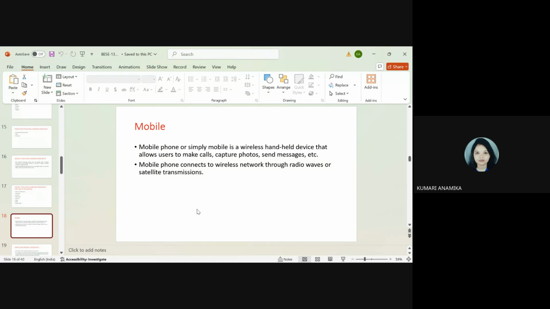Mobile has played a very important role during covid time in the education system. Okay, so we can say that a mobile phone, or simply mobile, is a wireless handheld device that allows users to make calls, capture photos, send messages etc., and this mobile phone connects to a wireless network through radio waves or satellite transmission.